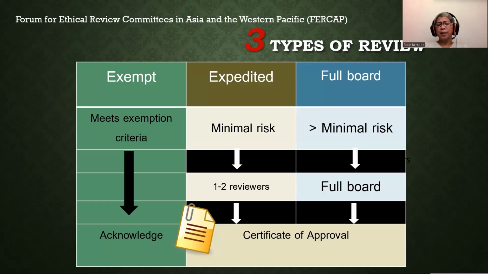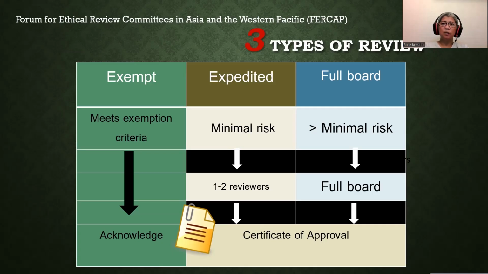Now, I've mentioned a while ago that most of what we've been saying applies to full board review, and this applies to studies with more than minimal risk. There can be exemption. An exemption will be, for example, when no research participants are involved, or the risks are so low.